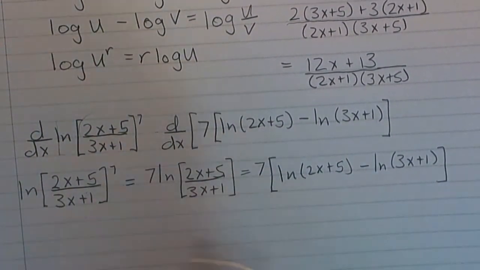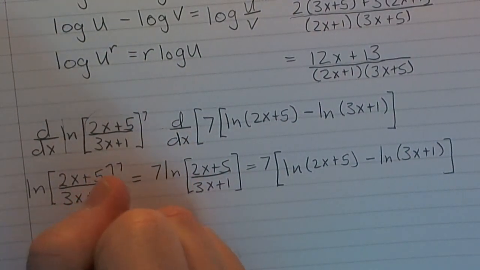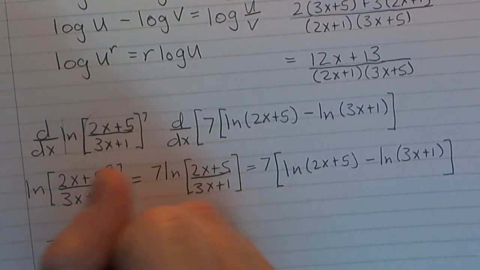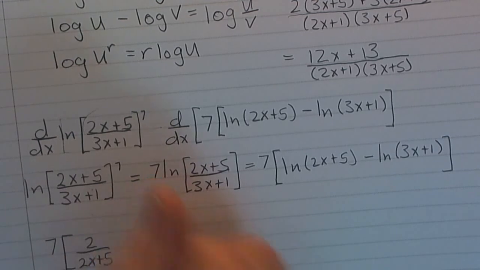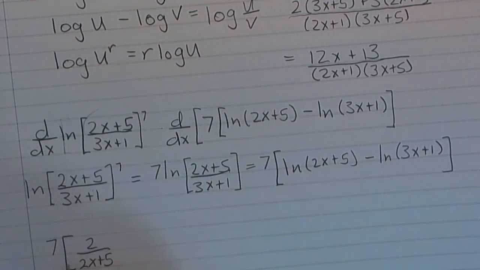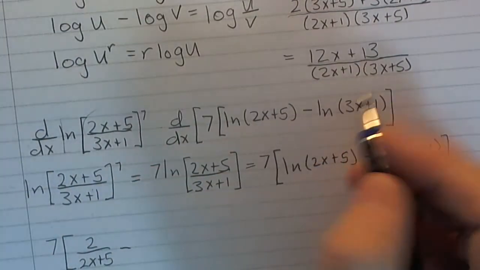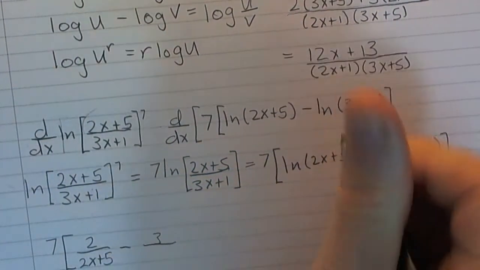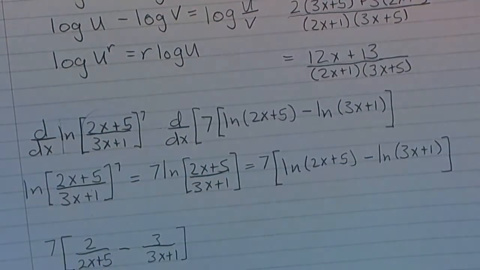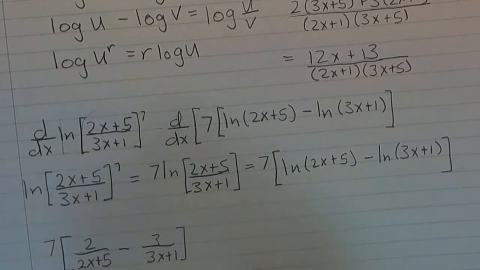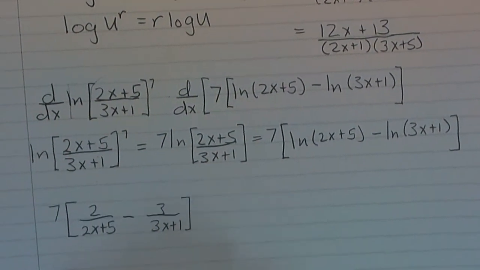But now let's go ahead and differentiate. So here's what we've got. We've got 7 times, inside here, 2 over 2x plus 5. See? That's this first one. And the 7 is out front, times all of this, minus 3 over 3x plus 1. There. Now we could go ahead and combine these, add the fractions if we want.